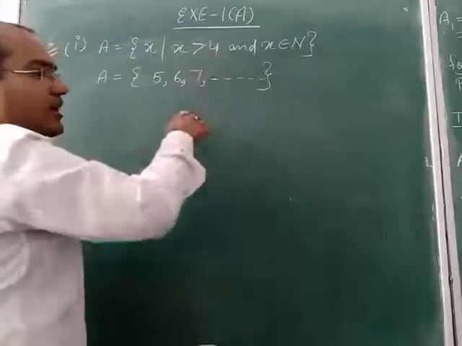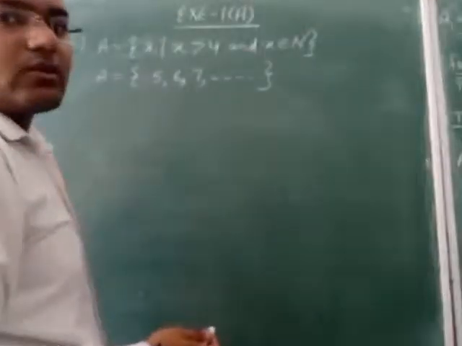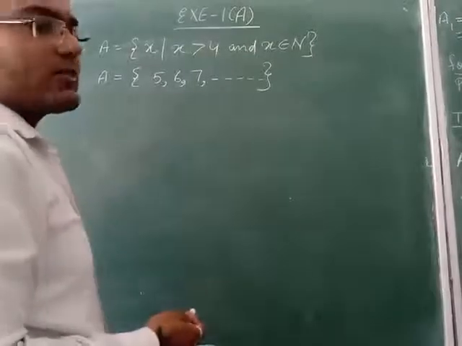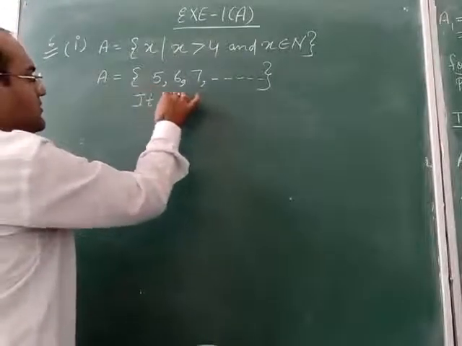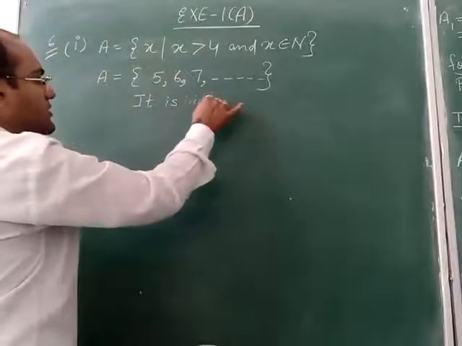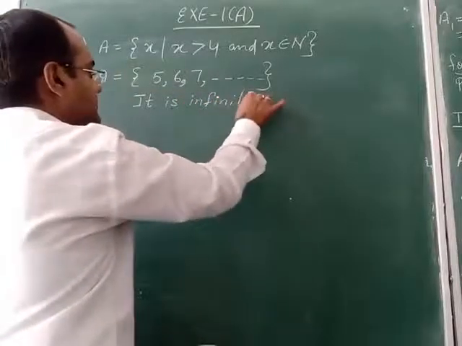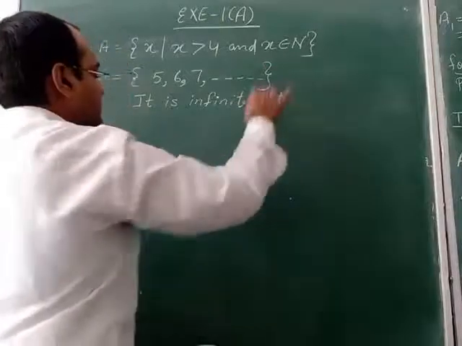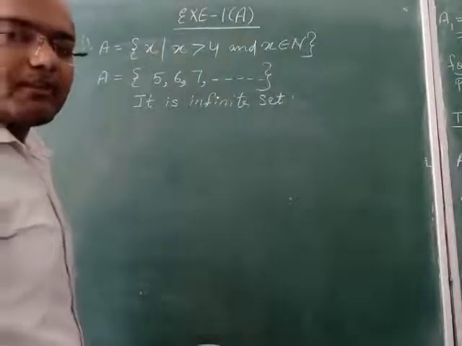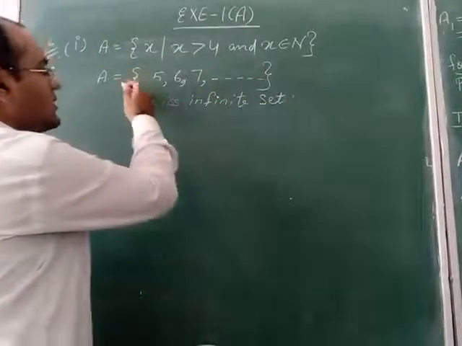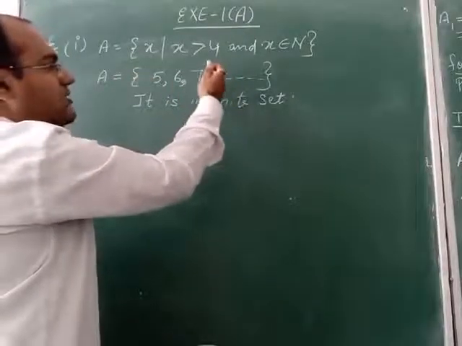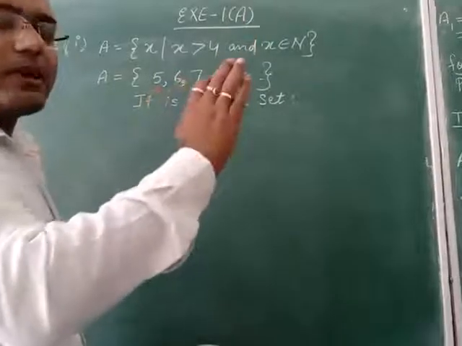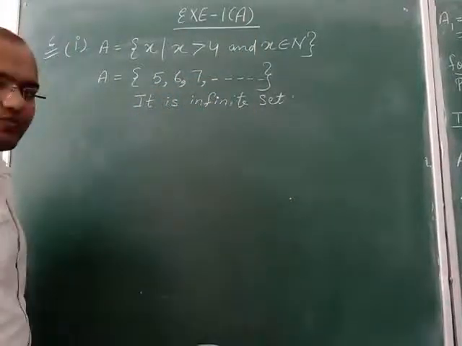Greater than 4 there are infinite natural numbers, so it is an infinite set. We will not be able to count them because there is no end. After 7, infinite, unlimited numbers will come. That's why it is an infinite set.